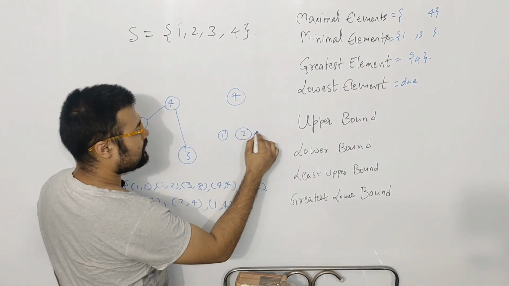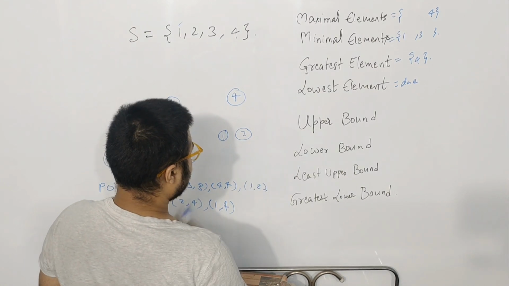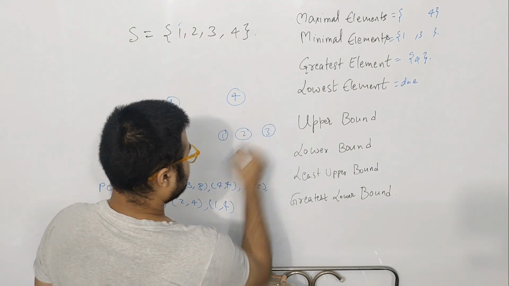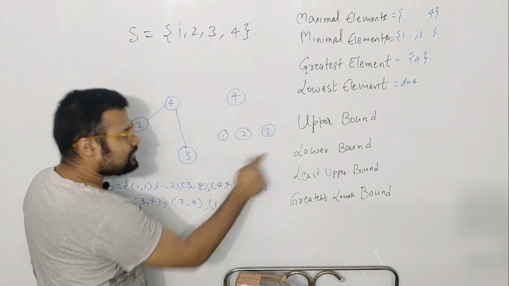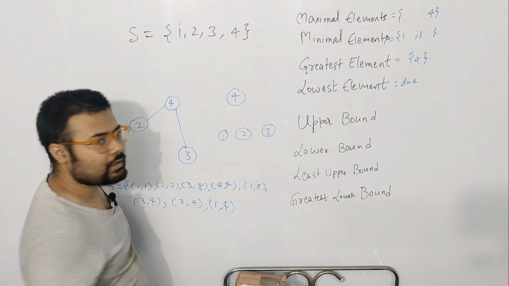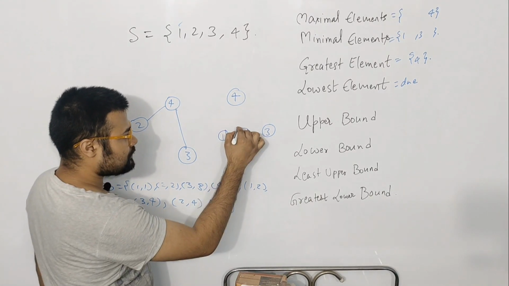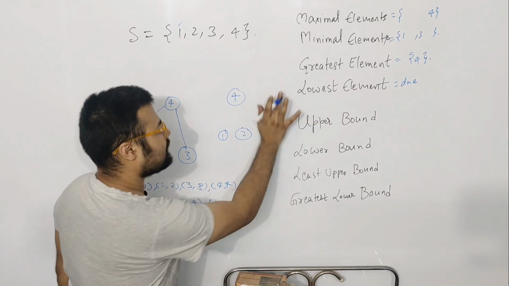So let's say 2 is here, 3 is here. It cannot be like this because all of them are maximal elements and 4 is no longer a unique maximal. So I don't want this. Let me connect 2 with 3.